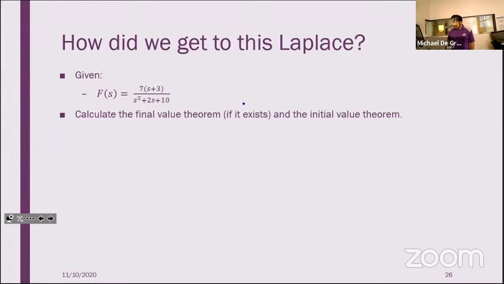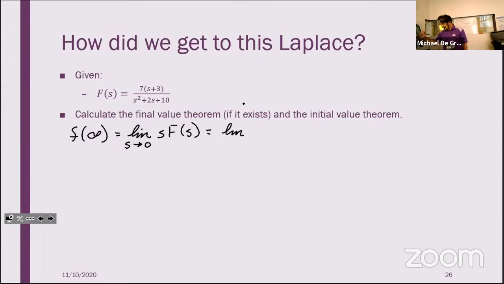Okay. So let's try this. We haven't done a final value theorem, so let's find the final value theorem if it exists and the initial value theorem, okay? All right, so here I'm giving a Laplace transform. Here it is: 7s plus 3 over s squared plus 2s plus 10. Let's recall that if I want f of infinity, this is the same as the limit as s goes to 0 of s times F of s, by definition.